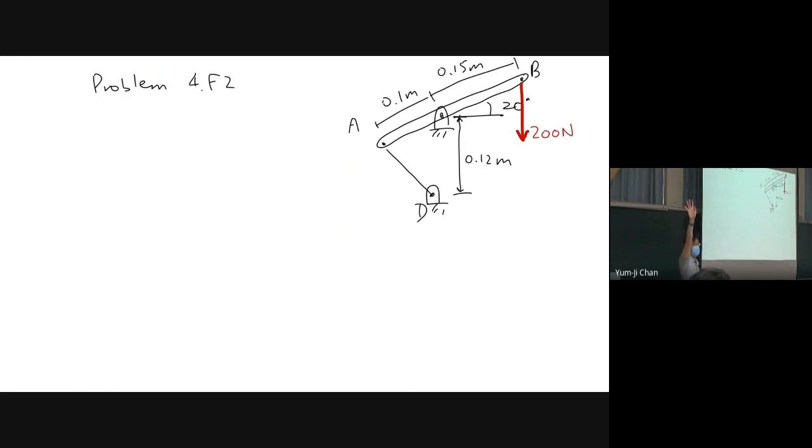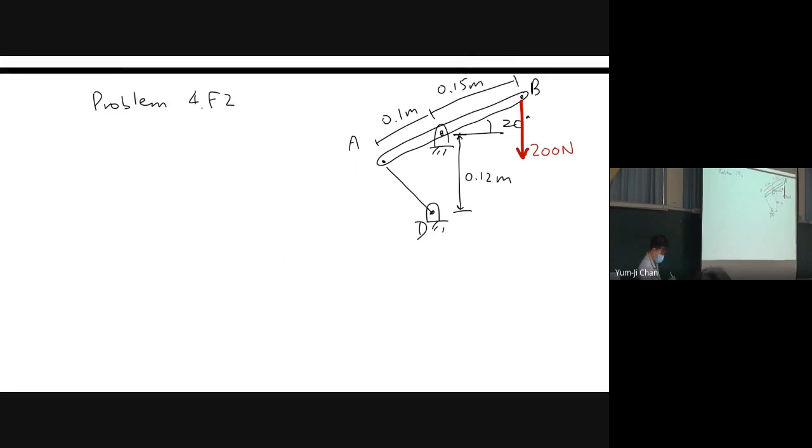Anybody haven't seen this before? So you have seen this in homework, right? Now, we draw the free body diagram of this structure ACB. And what do we need to determine?